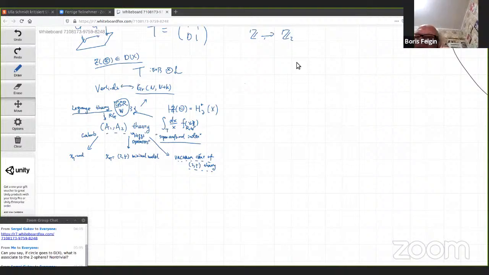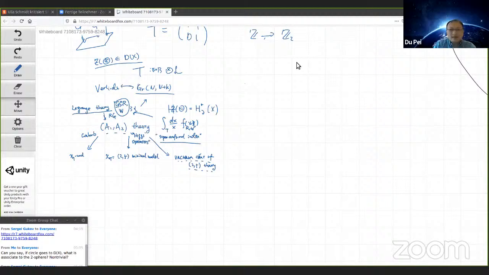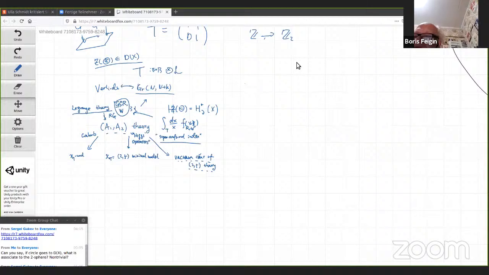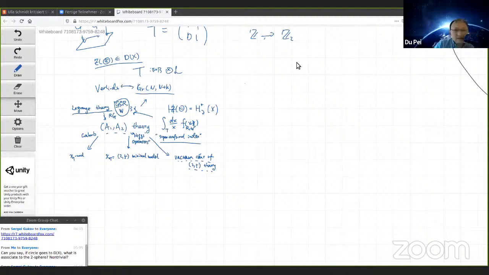In this special case, it knows about the tensor category of (2,5). So that's right. And you actually explained some kind of calculation where S matrices coincide with the S matrix for (2,5). Yes, that's right.